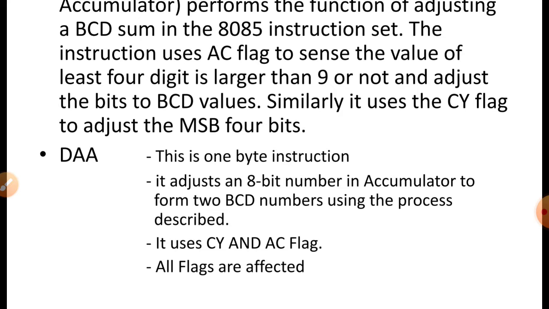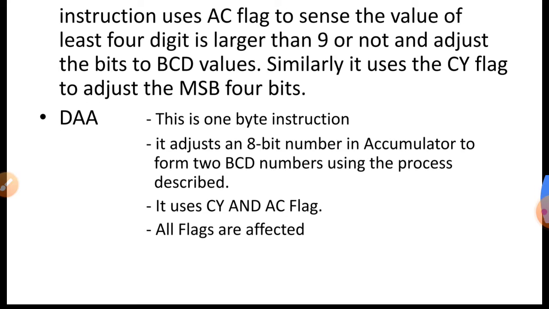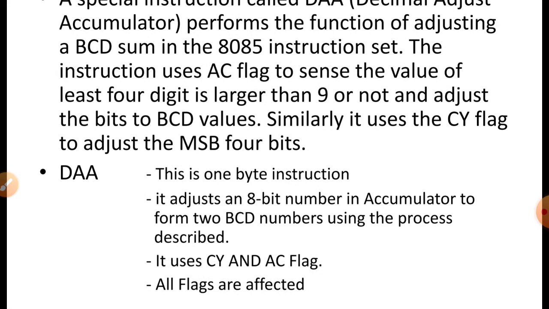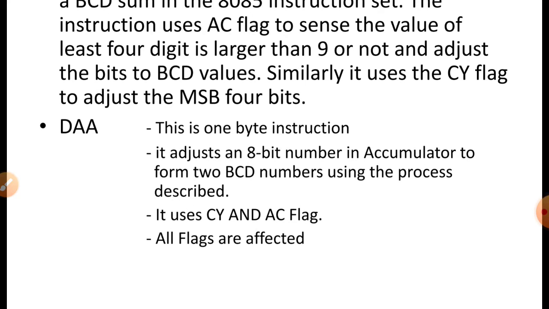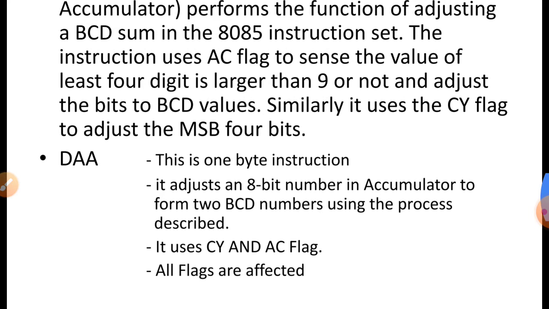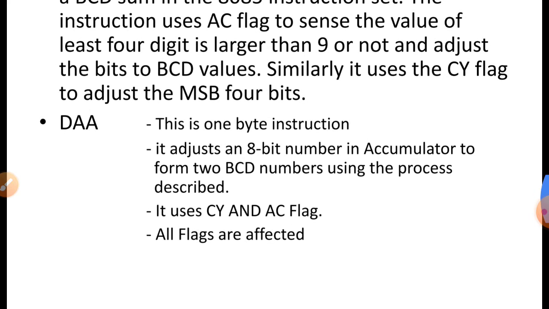But we have still not used the auxiliary carry flag, and even a user cannot check its status, because the auxiliary carry flag is used internally by the processor to check whether the 4-bit number which has been added has become more than decimal 9 or not. It is the property of the auxiliary carry flag to sense whether the result is more than decimal 9, and with the help of that this DAA instruction works.